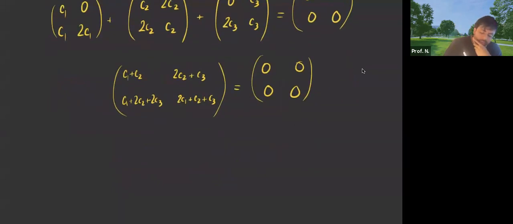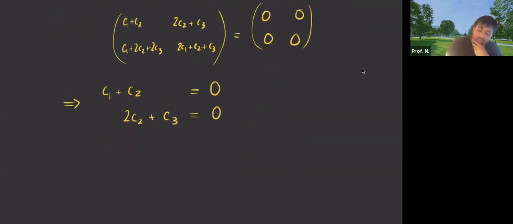Now individually, I get C1 plus C2 has to equal 0, and 2C2 plus C3 has to be 0. Let me rearrange this, written now as a system: C1 plus 2C2 plus 2C3 is 0, and 2C1 plus C2 plus C3 equals 0.